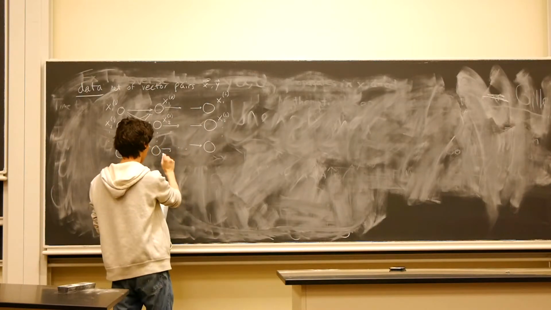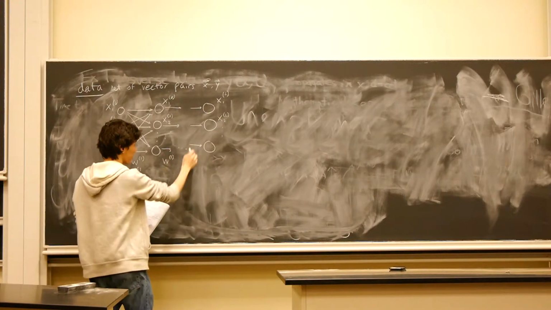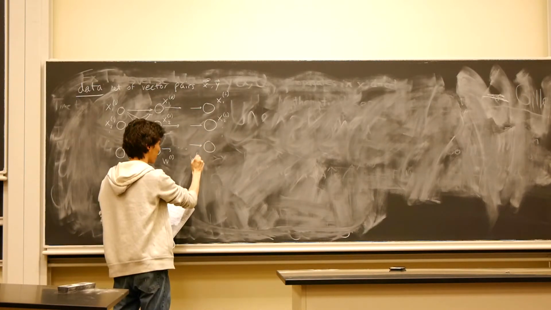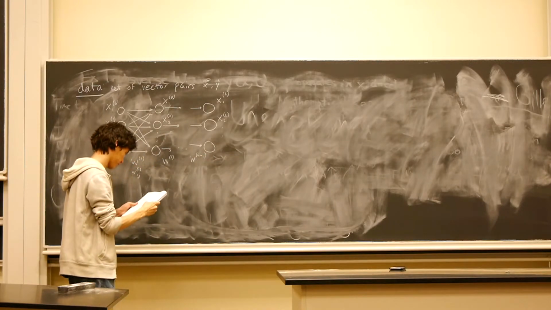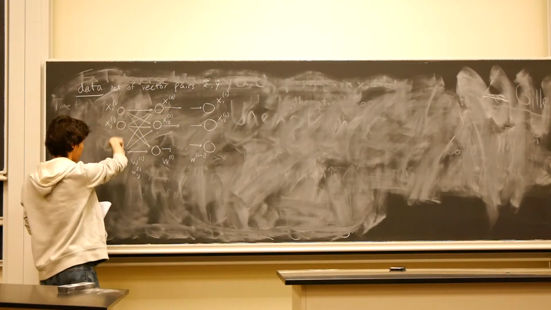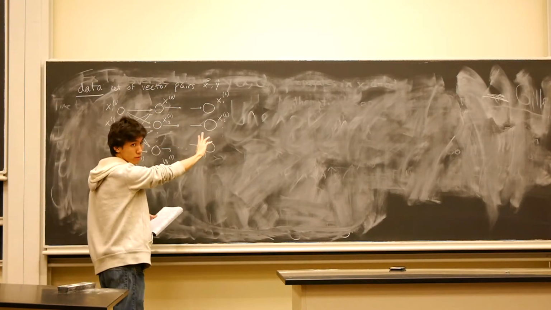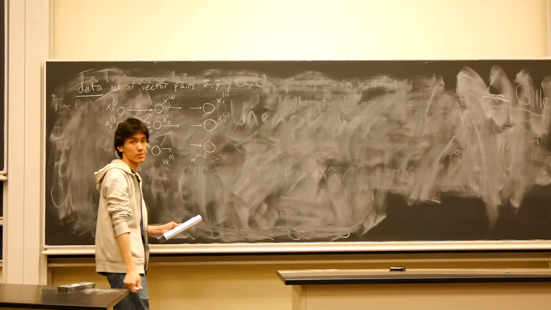So this set of connection weights is going to be W2. This set of connection weights is going to be W L minus 1. I feed in each input vector X to these neurons, I run the network forward, and I compare my output Y to this set of output neurons.